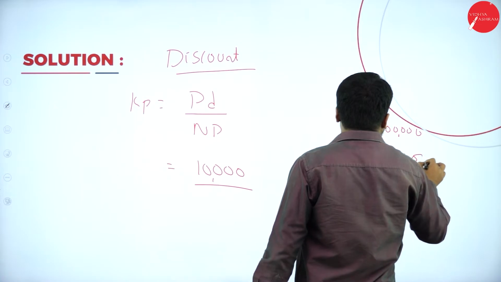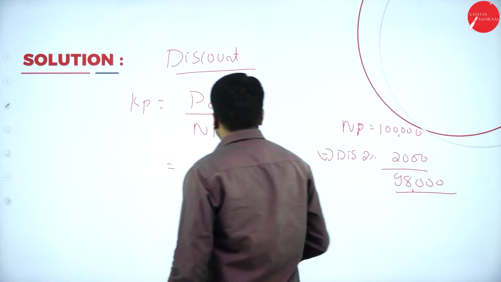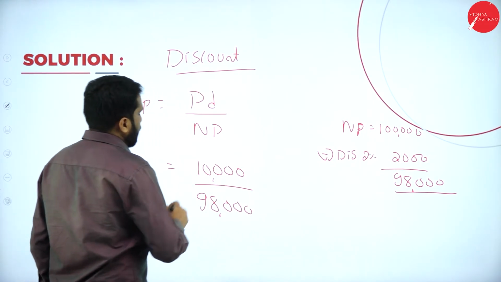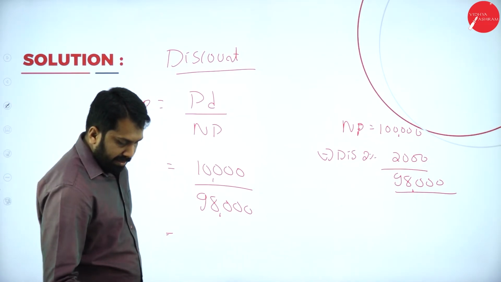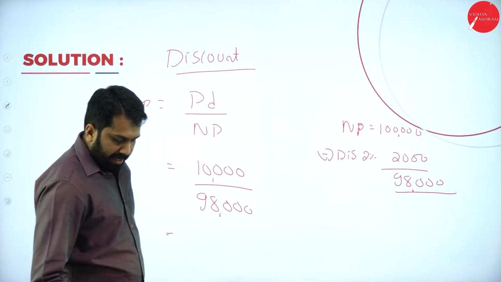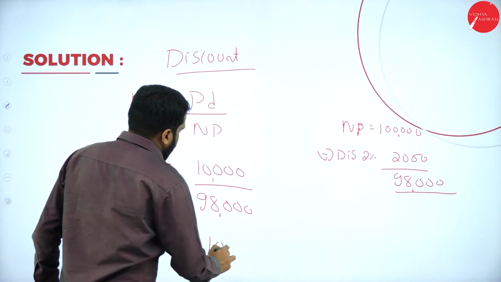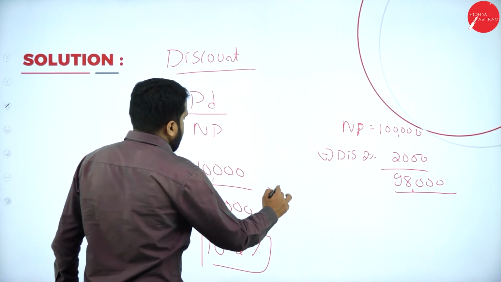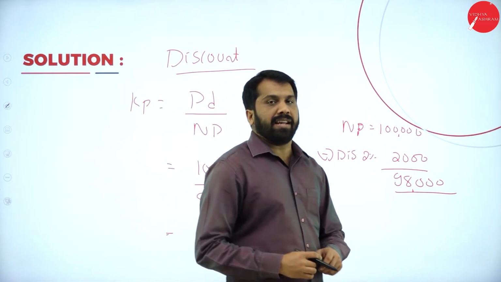It will be 2,000. The answer is 98,000. So what is the answer? Now 10,000 divided by 98,000. It is around 10.2%. I have converted it into 100, so you got 10.2%. Now, any doubt?